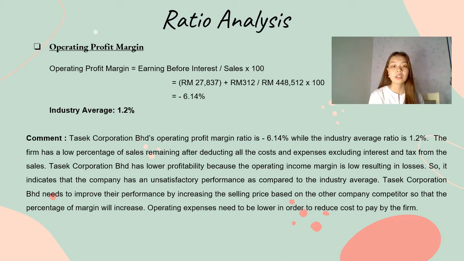It shows that the operating profit margin is below the industry average and indicates that the company has an unsatisfactory performance as compared to the industry average. Why? Tasek's operation has lower profitability because the operating income margin is low, resulting in losses. Tasek Corporation can improve their performance by increasing the selling price based on the other competitors so that the percentage of margin will increase.